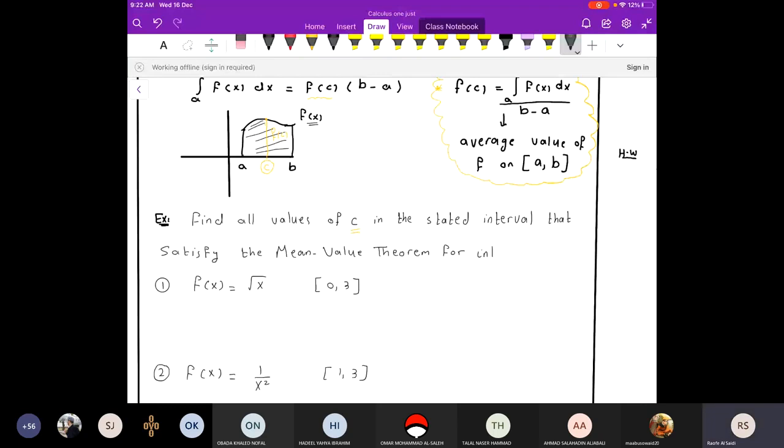Our question is how to find c. Now what is the integral of x to the power 1/2? It is 2/3 times the square root of x cubed, that is, x to the power 3/2.